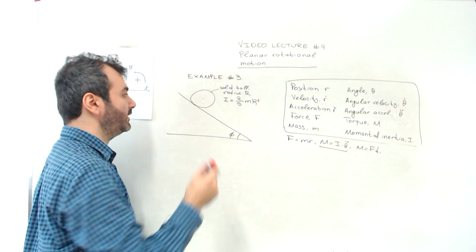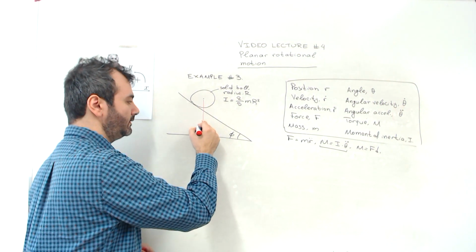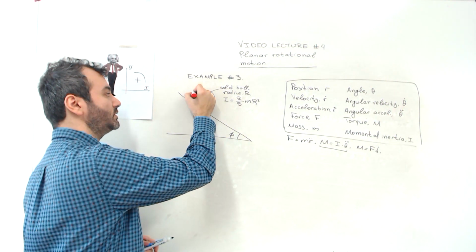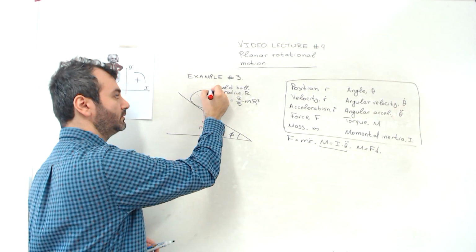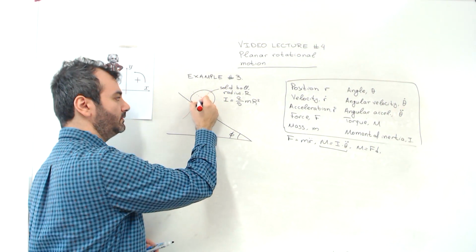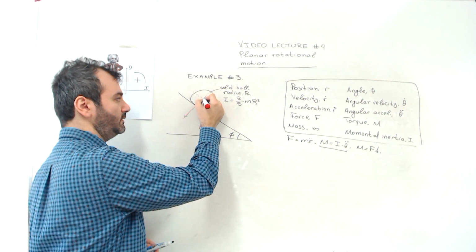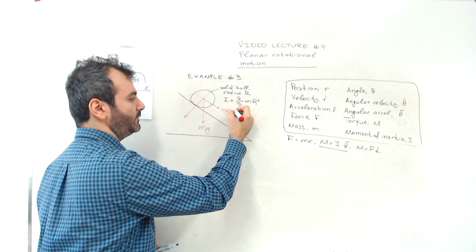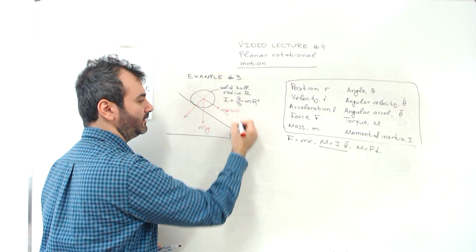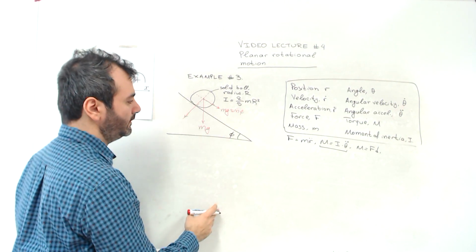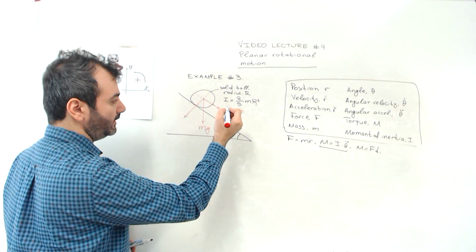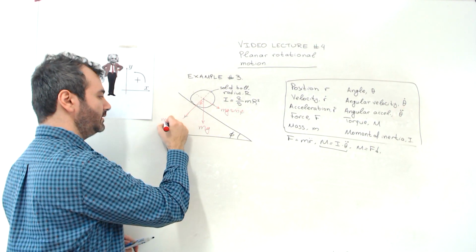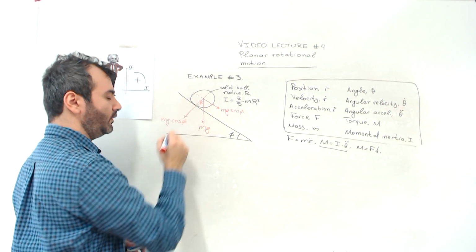First of all, we have the weight, mg. Then we can decompose the weight into two forces, this one and this one. This one is mg times sine of angle phi, because this is angle phi here, and this is mg times cosine of angle phi.